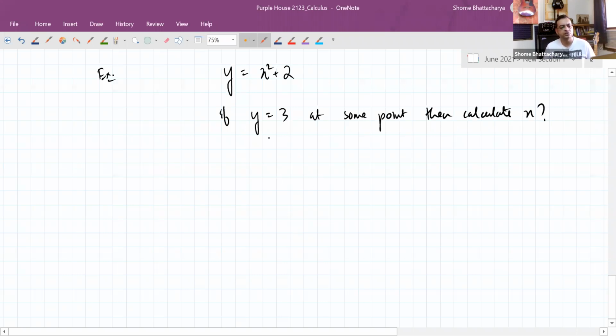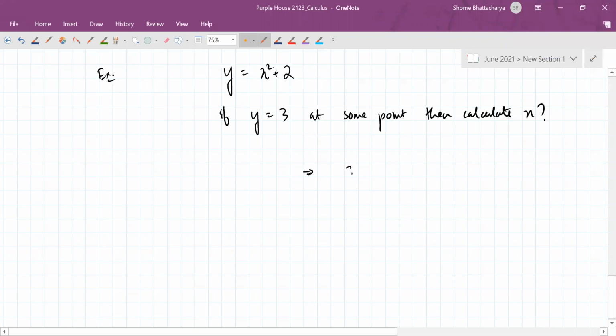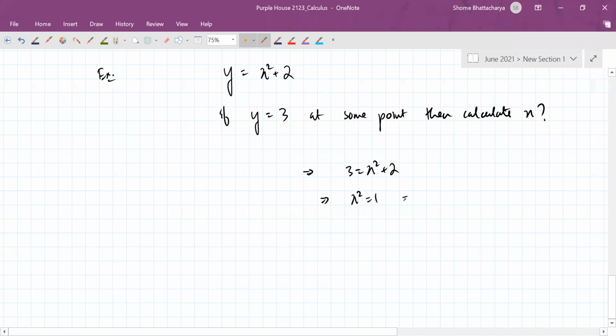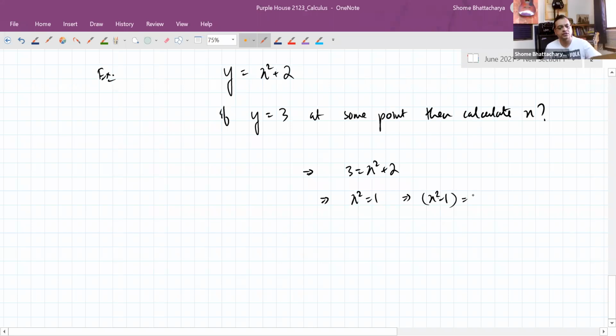So it's a maths equation, so you can just substitute it and get that. So 3 is equal to x square plus 2. Then x square will become 1. In this case, you will see something interesting, that there are two possible values of x which give you this.